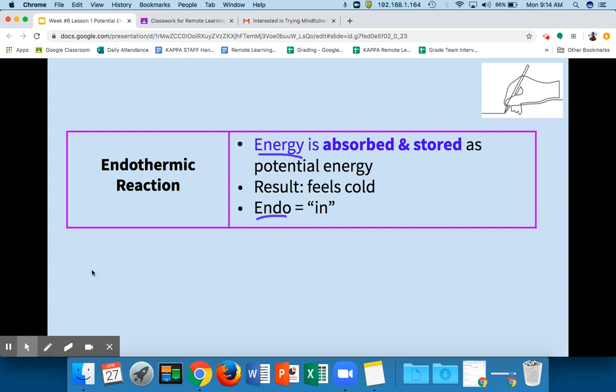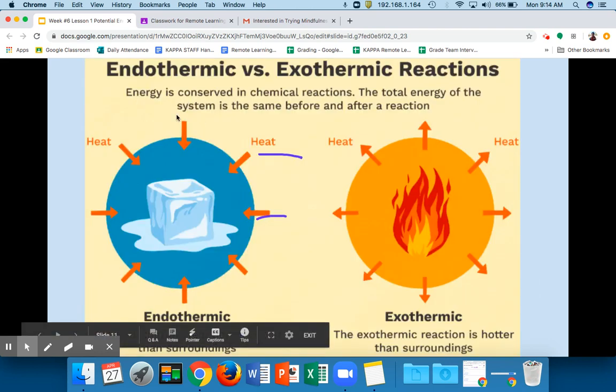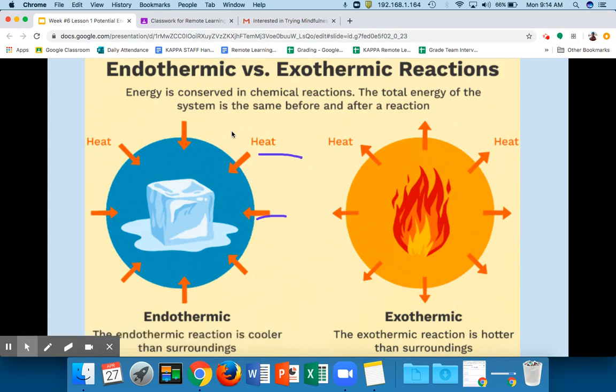And there is a quick picture I want to show you guys. We'll just look at the left right now. This is an endothermic reaction when ice melts. So the reaction is absorbing heat, which is a form of energy, causing the phase change.